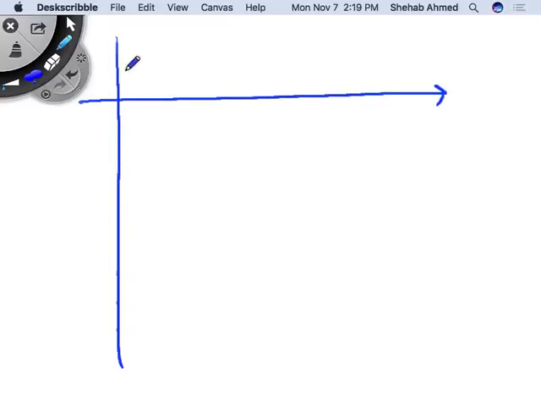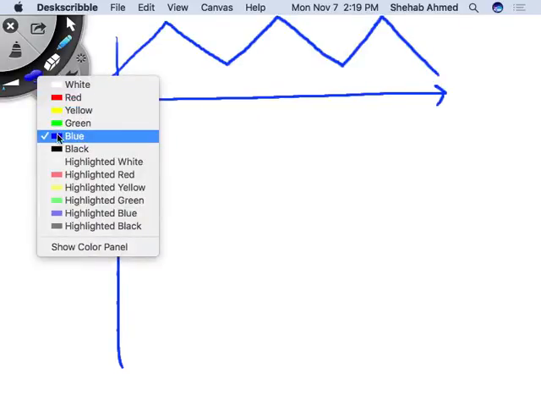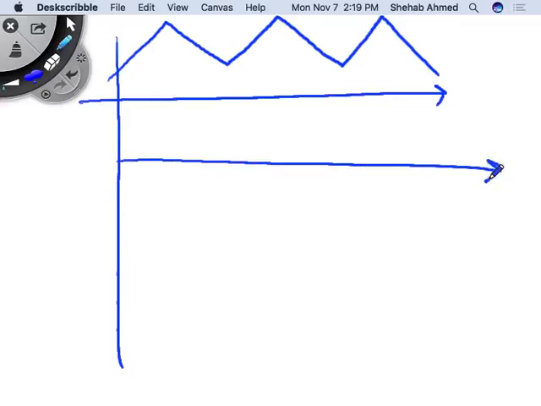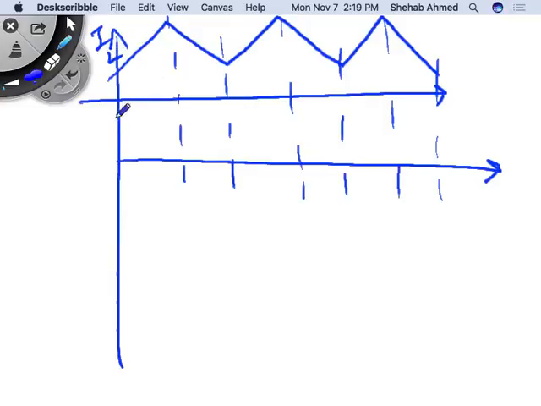In blue, I'll start with the inductor current here. Inductor current looks like this. And then we said the diode current will be only this part. This is IL, inductor current, and this is I diode.